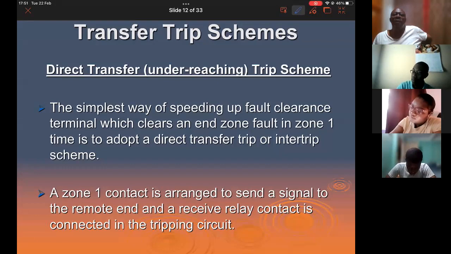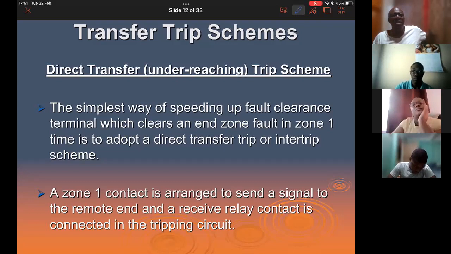What happens is that whenever a zone 1 fault occurs, it also sends a signal from the zone 1 contact to the remote end. Right?